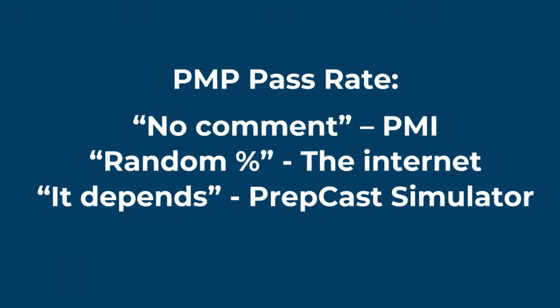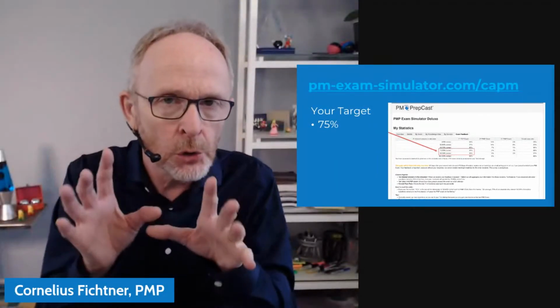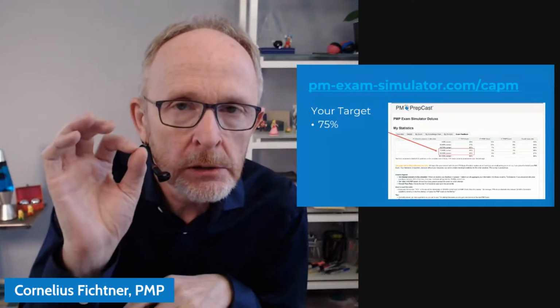If you look at my exam simulator for the CAPM exam, we say it depends. It depends on how you are doing. This here is a screenshot from the exam simulator, pmexamsimulator.com/CAPM. And while this here is from the PMP exam, we have learned that a good target number is 75%.